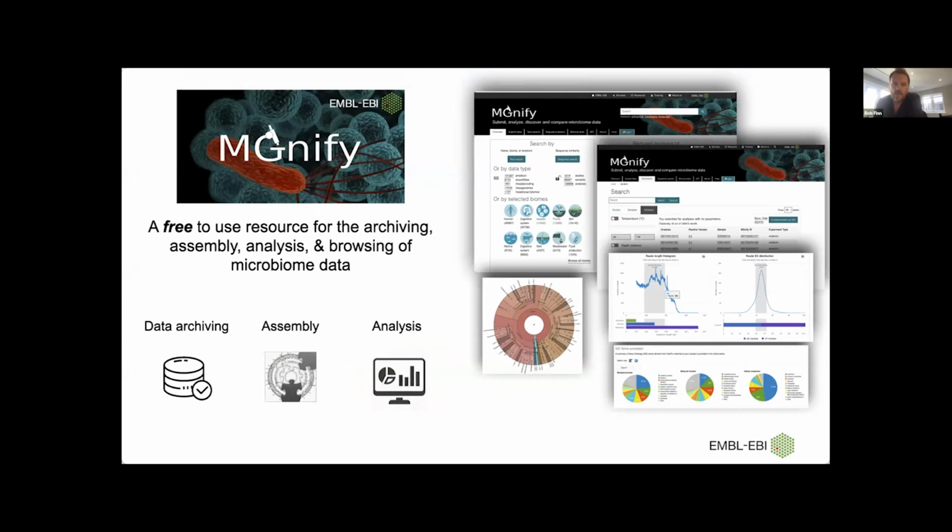The second is the assembly of metagenomic and metatranscriptomic data and the analysis of that, such that people can then browse that data. The tagline is the browsing of microbiome data. What we really mean there is any sequence-based microbiome data, anything from metabarcoding all the way up to metagenomics and metatranscriptomics.